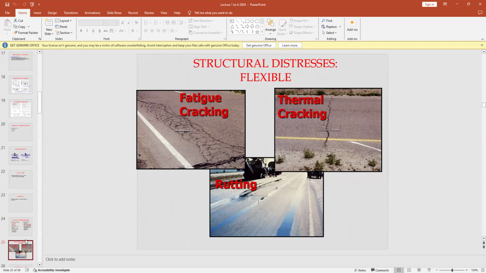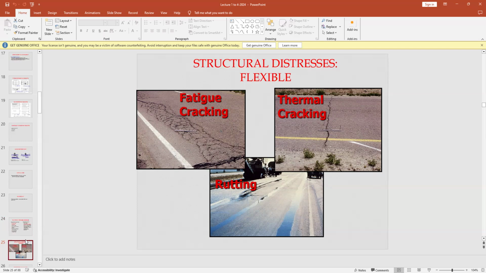Now we'll try to look at the ways in which flexible pavement fails, and what are the reasons for the failure.